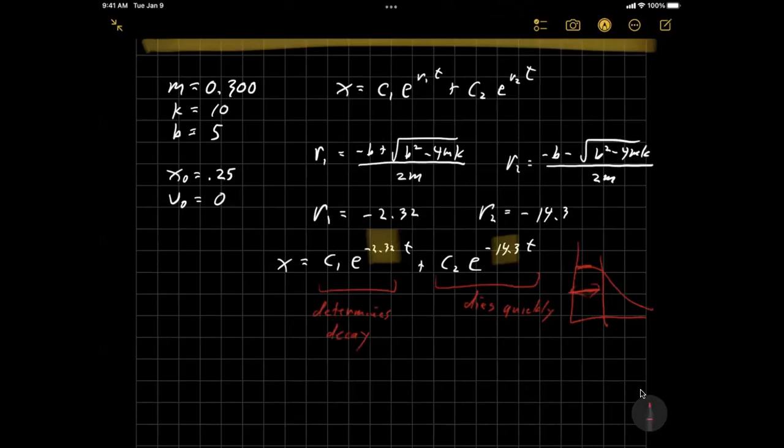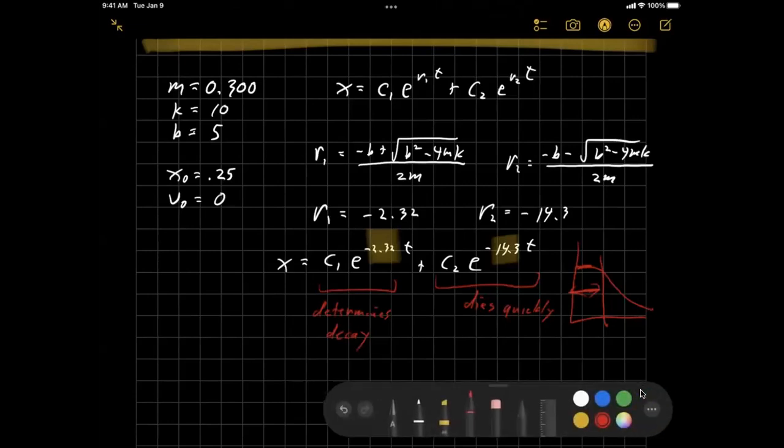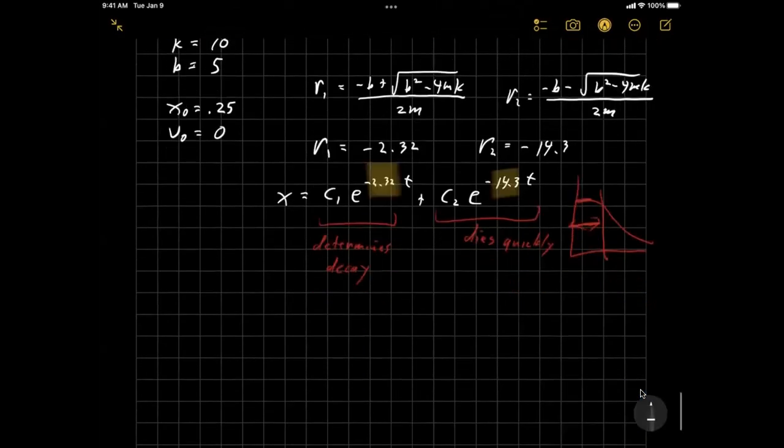So this time we have a C1 and a C2 that are unknown. We can do what we did before, which is substitute that x equals x naught when t equals 0.